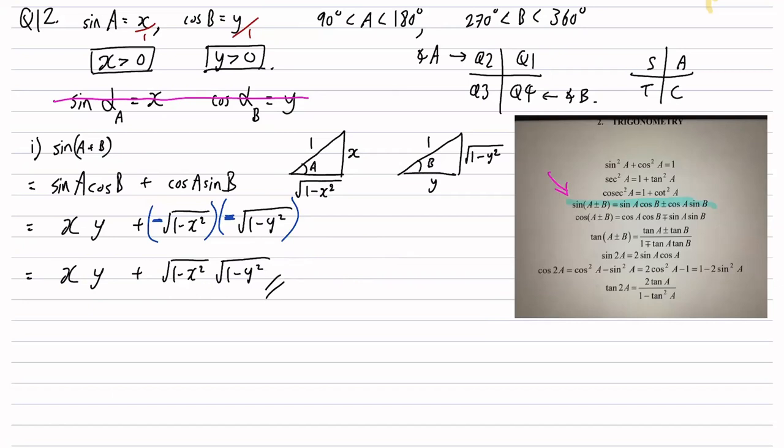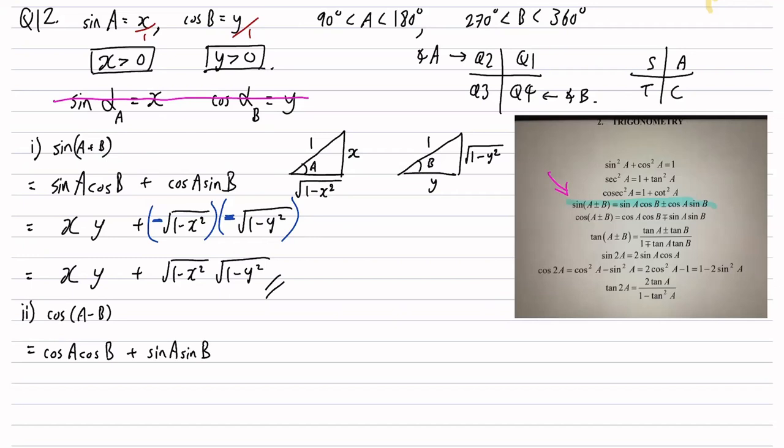Okay, good. Moving on to part 2. What's part 2 asking? Cosine A minus B this time. So formula, tell me. Read for me. Cosine A minus B equals cosine A cosine B plus sine A sine B. Very good.